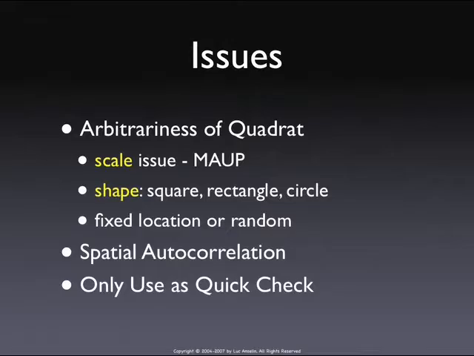Border effects also matter because of the spatial autocorrelation and because you don't know what happens outside the arbitrary boundary. This is more an issue when you put the squares on the point pattern.